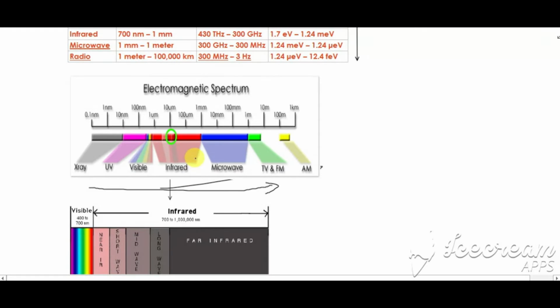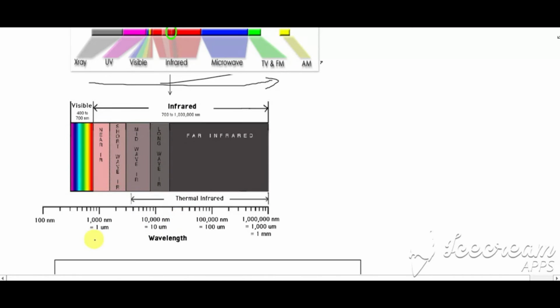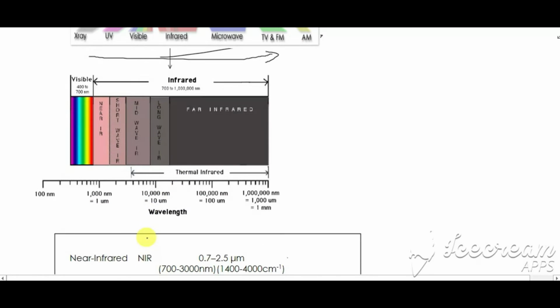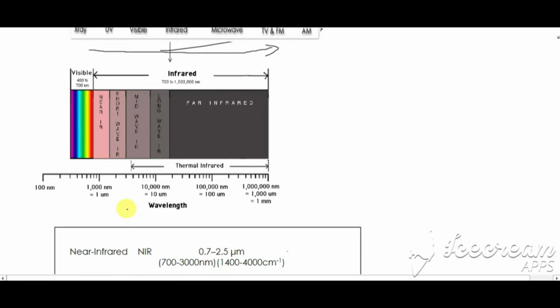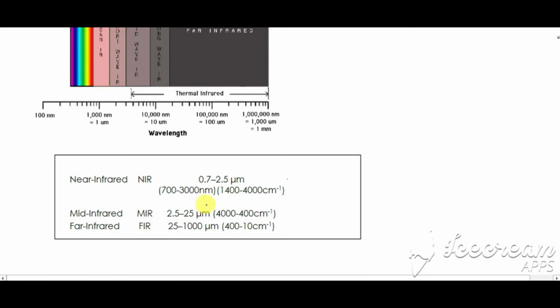In the infrared region we have three different IR regions. One is the near infrared region, which exists between 700 to 3000 nanometer, and mid infrared exists between 2.5 to 25 micrometer, and far infrared stands for 25 to 1000 micrometer.